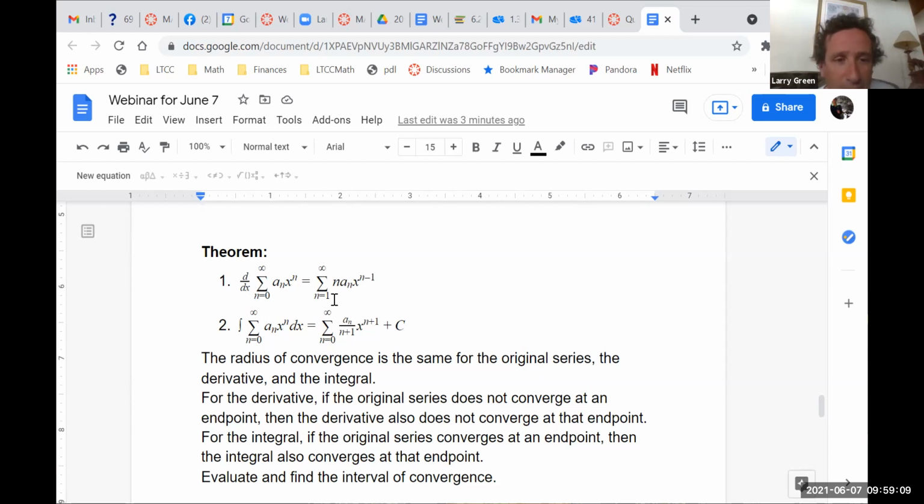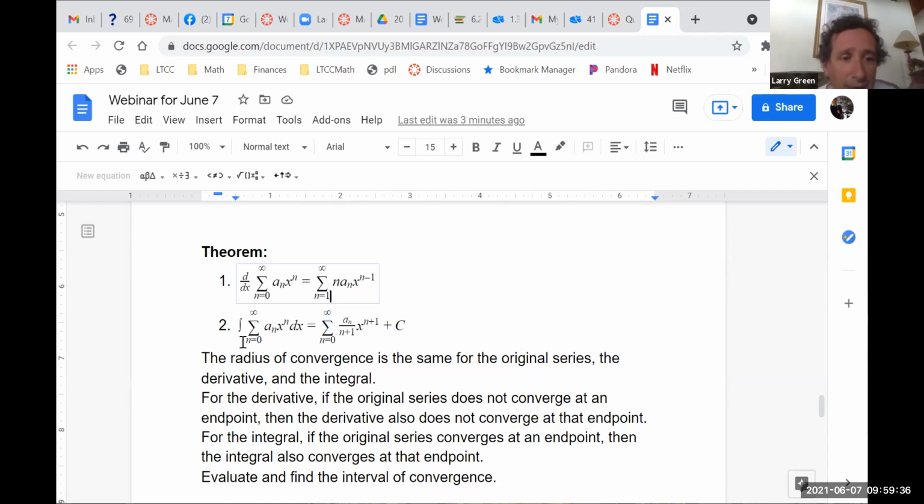The reason why you have to do that is if we put n equals 0, we're going to get a negative exponent. And that's not what happens when you take derivatives. You don't get negative exponents. So kind of an important thing to note is when you take a derivative, you start at the next number. If you took a second derivative, you start at n equals 2, by the way. So that's important to note.